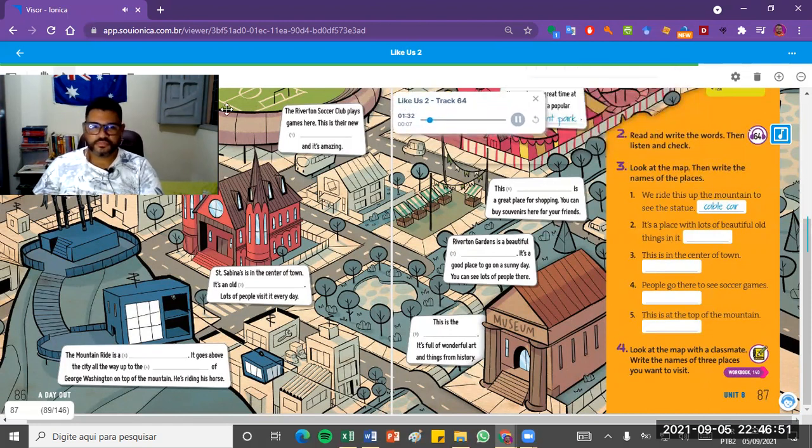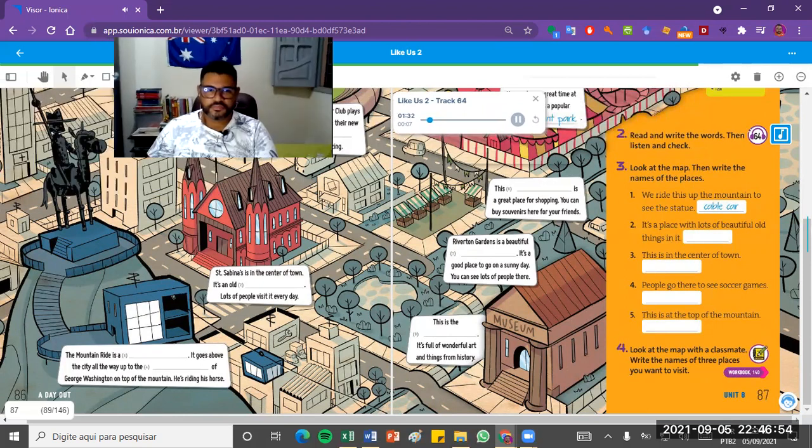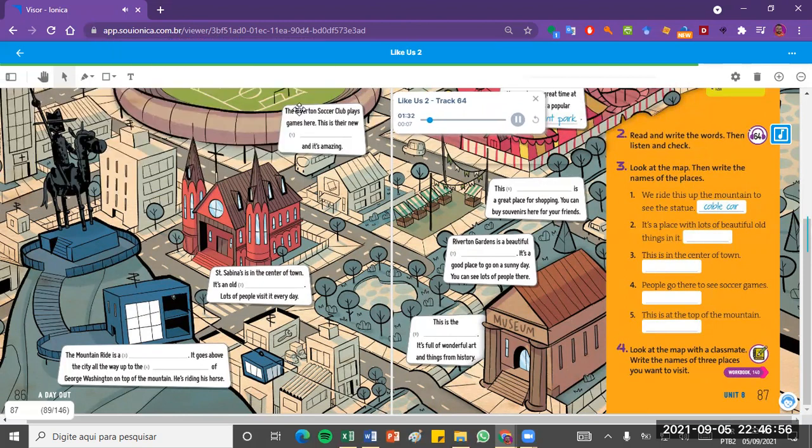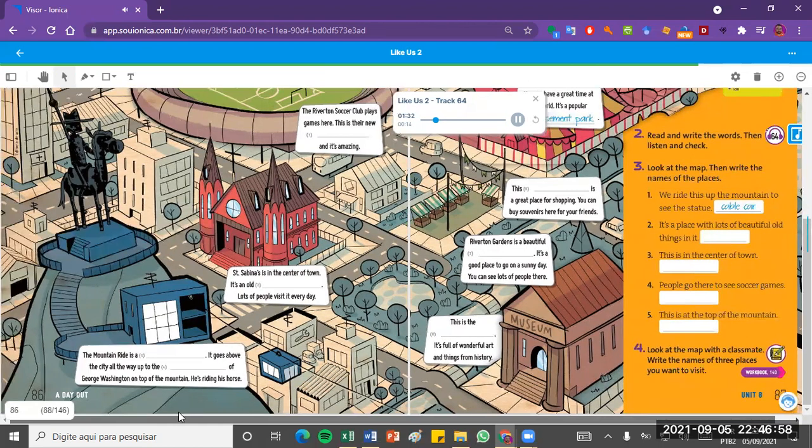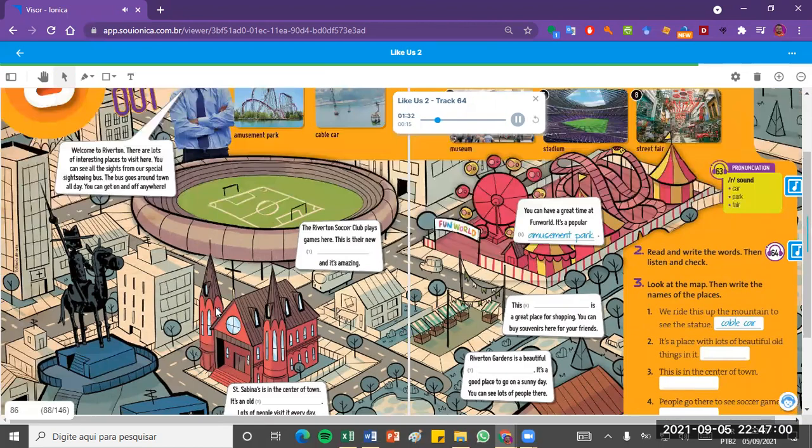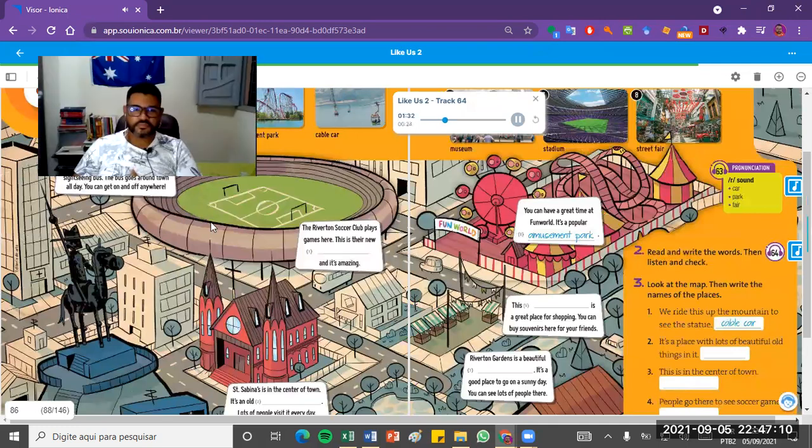Welcome to Riverton. There are lots of interesting places to visit here. You can see all the sights from our special sightseeing bus. The bus goes around town all day. You can get on and off anywhere. The Riverton Soccer Club plays games here.